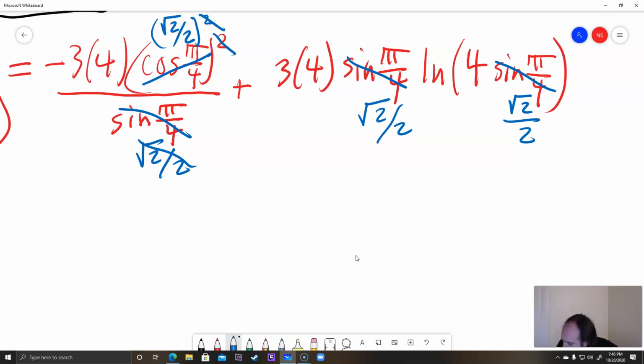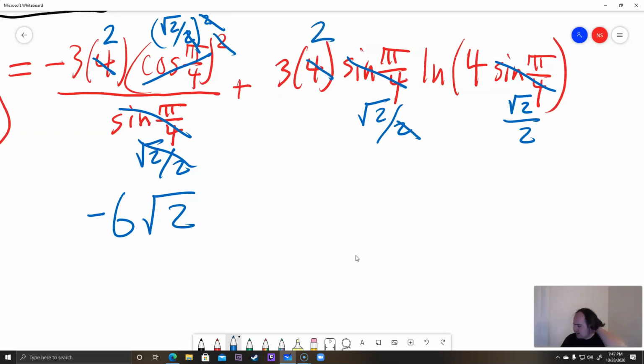And then this 2 cancels out with the 4, and we get a 2 there. So negative 3 times 2 is negative 6 root 2. So that's what we should have left there. Negative 6 root 2. Okay, and then for the second term, the 2 and the 4 cancel out again, and we're left with a 2 on the top. So 2 times 3 is 6 root 2.